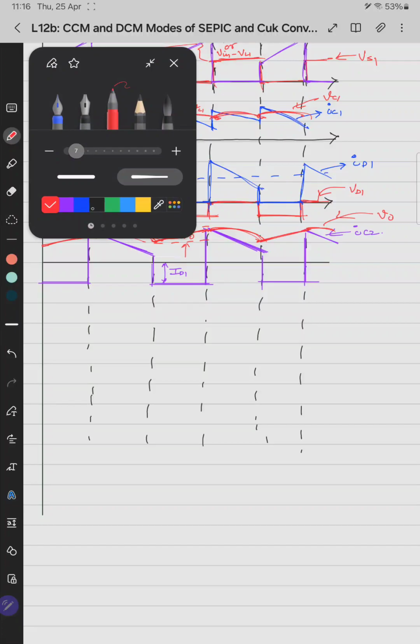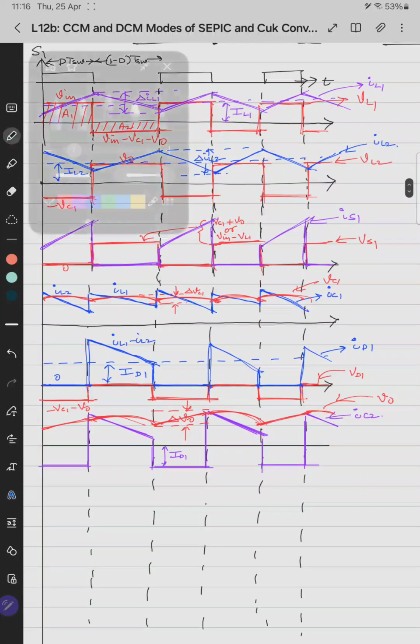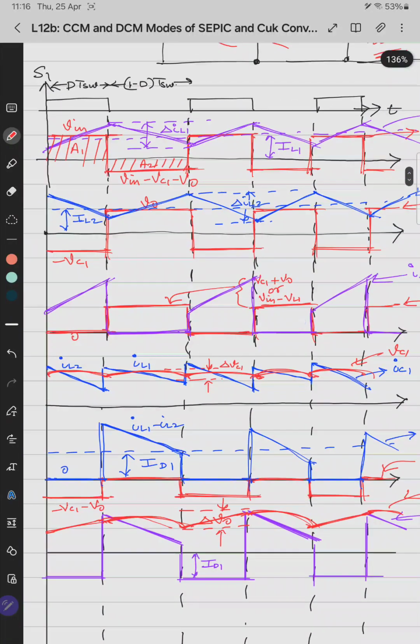So if we quickly do the volt-second balance, first is the volt-second balance of L1, because just like similarly we have A1, A2, we should have A3, A4, which is this is A3 and this is A4.